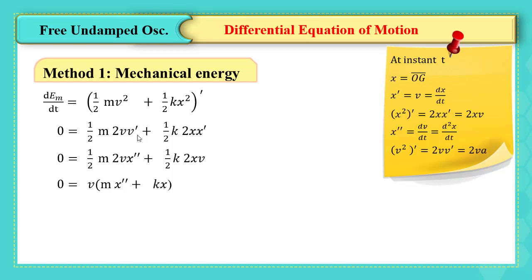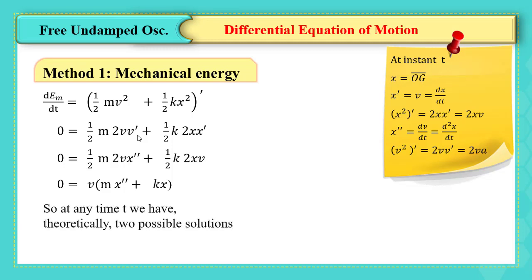This means in math that v equals 0 or m x double prime plus k x equals 0 at any time. And v equals 0 at any time means that there is no motion at all, and that is not the case that we studied. So the solution of this equation is m x double prime plus k x equals 0.